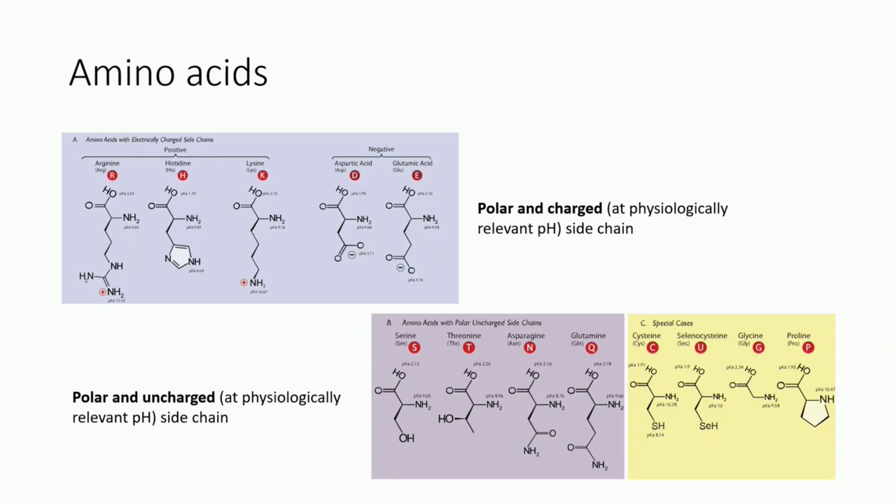As for the first type, we have some special cases where the side chain of polar amino acid is charged or it is uncharged. Talking about the positively charged amino acids, we can include arginine and lysine.